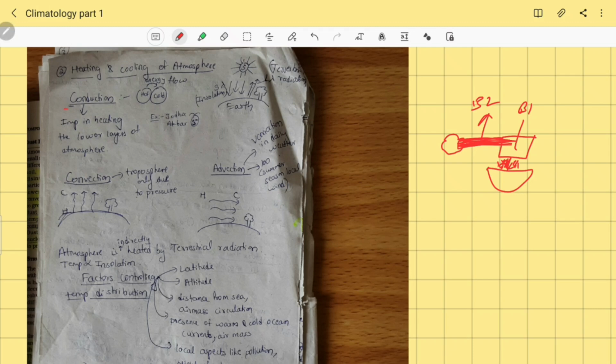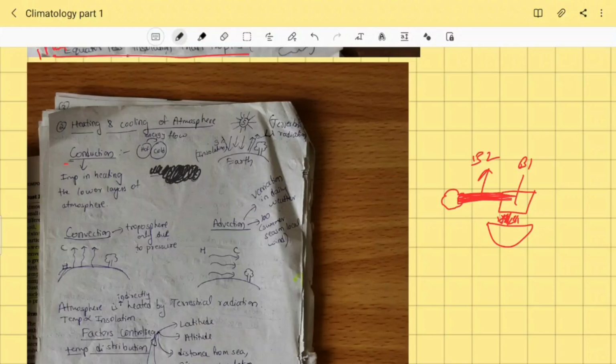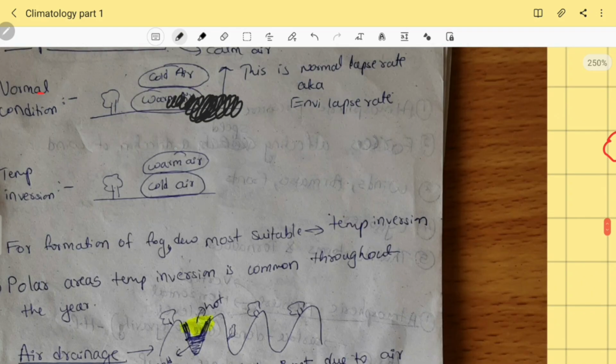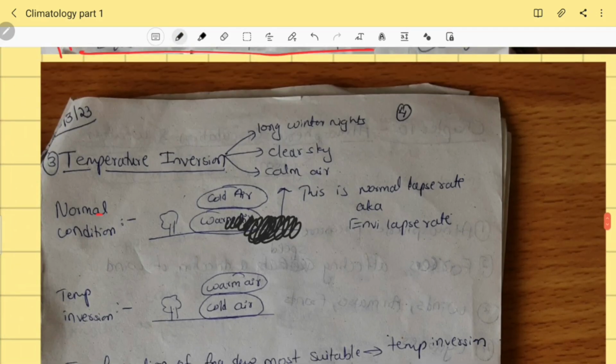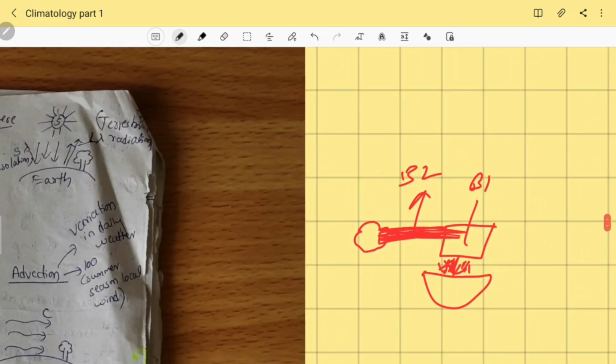So here I have written it also. Conduction is the transfer of heat from one body to another body, and this continues till either of two conditions is met.